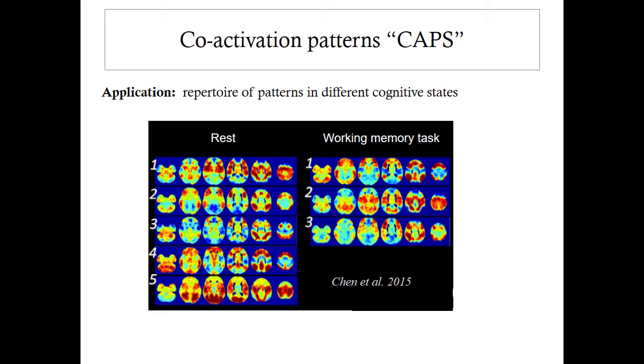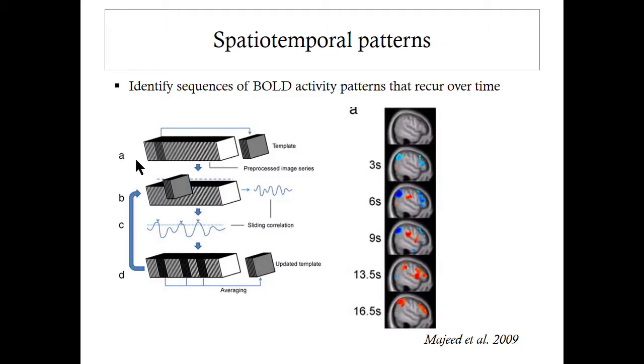How many different patterns are required in order to capture the complexity of the data in each of these different cases? And so what we found here was that in this more constrained, focused working memory task, there seem to be fewer and less diverse patterns compared to if we look just at the unconstrained resting state.